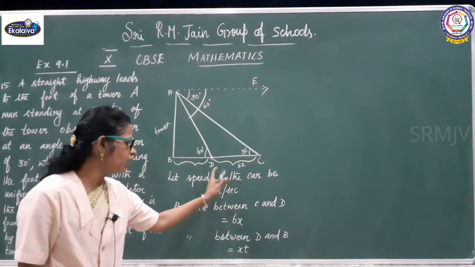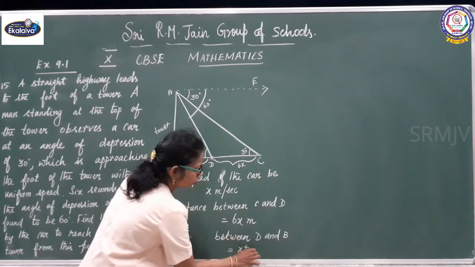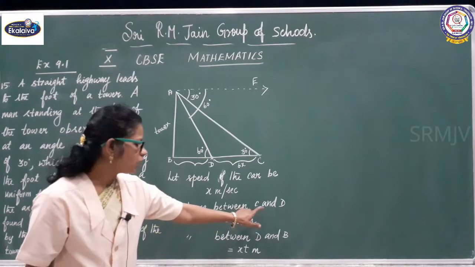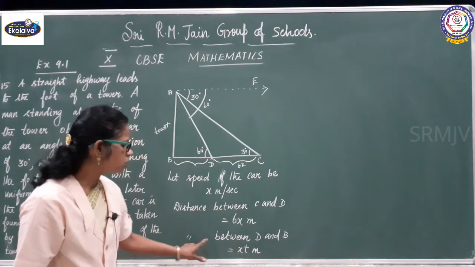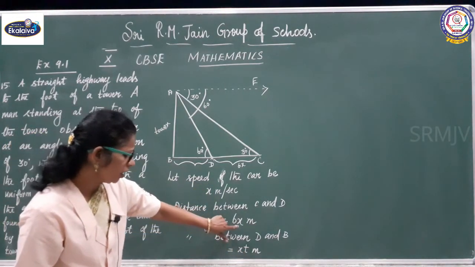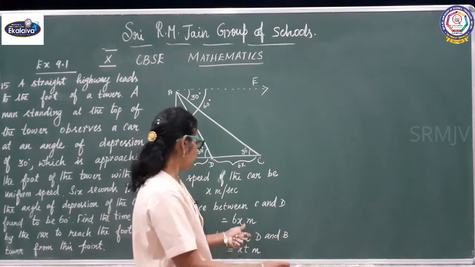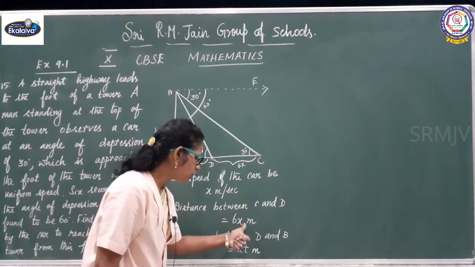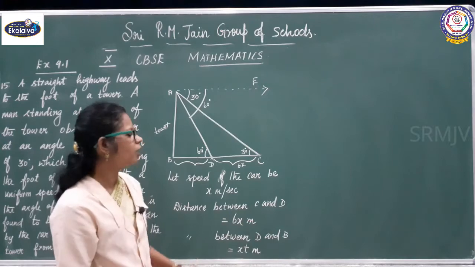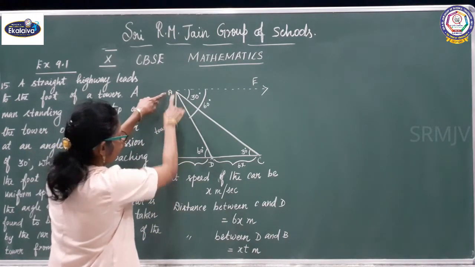Distance between C and D equals 6x meter. Distance between D and B is xt meter. x is the speed of the car. We consider meter per second, right? See, 6 seconds. This is meter per second. Second cancels, so I mentioned meter units, right? Now we'll pass on to the triangle ABD.